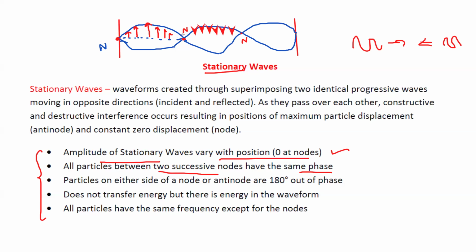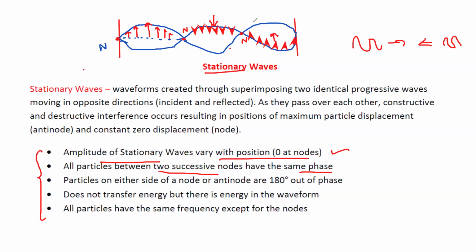The particles on either side of a node are 180 degrees out of phase. What does it mean? For example, this is one node, so this is the left hand side of the node and this is the right hand side. When we show the motion of the particles, they are 180 degrees out of phase, meaning they are moving in opposite directions. If the particles on the left hand side of a node are moving down, the particles on the right hand side will move up.